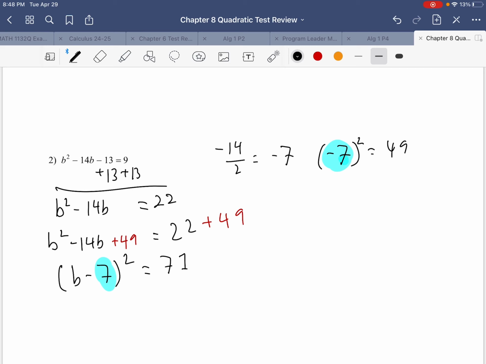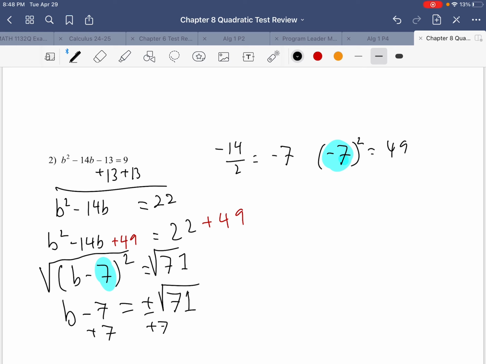This is equal to 71. I'm going to take the square root of both sides of the equation to get b minus 7 is equal to plus or minus the square root of 71. And I'm going to add 7 on both sides to get b equal to 7 plus or minus the square root of 71.